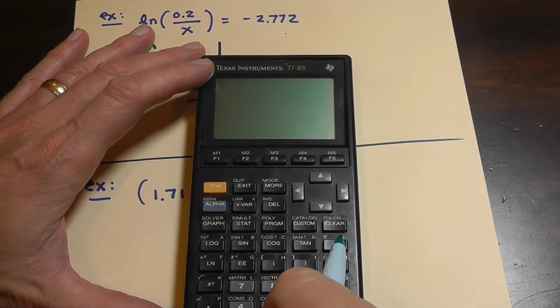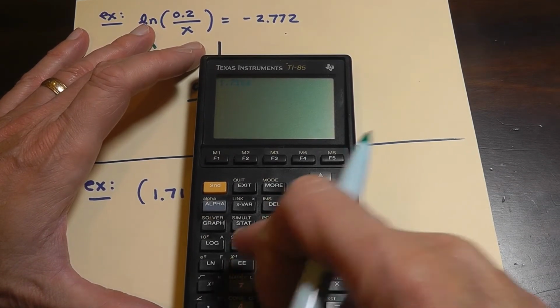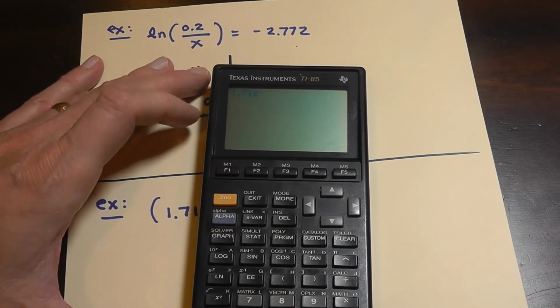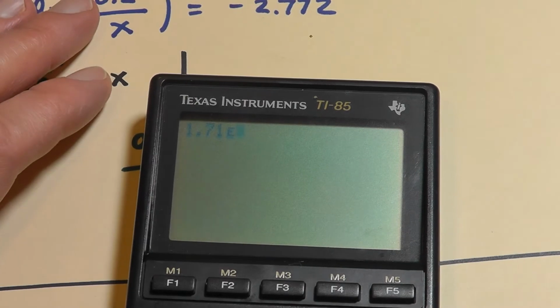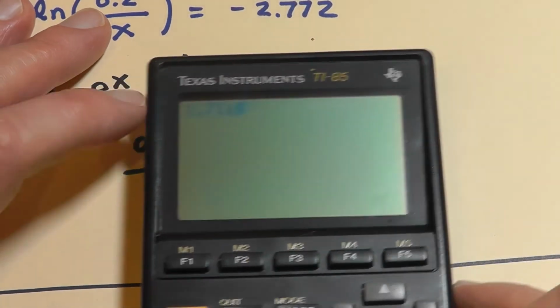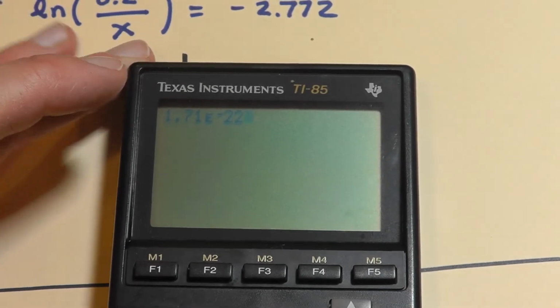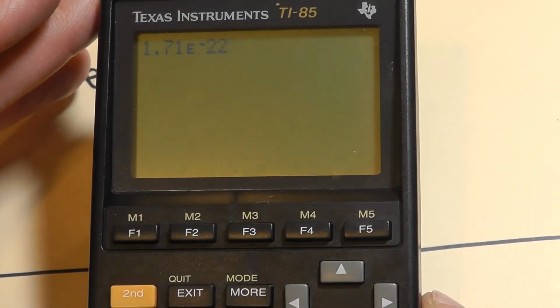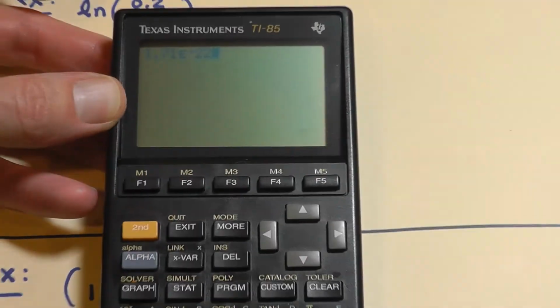So, okay, 1.71. This double E on this calculator, that E right there, means times 10 to the something, and it was minus 22. Now, if you can't locate a cube root button, you probably have this caret here.